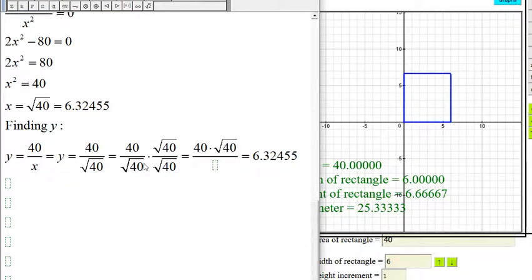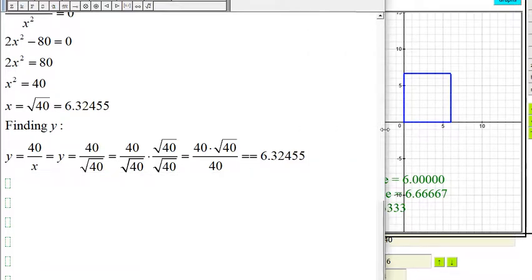And then the bottom, the square root of 40 times the square root of 40 is just 40. And then we get the square root of 40. So that's why the height should also be 6.32.